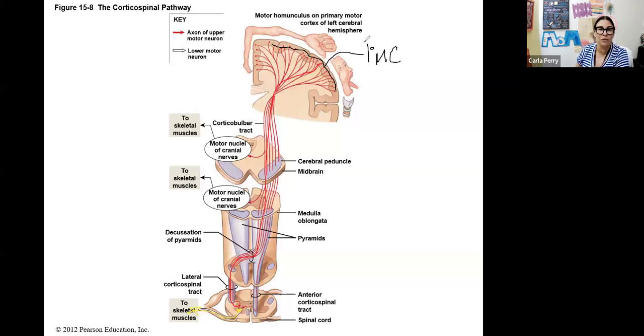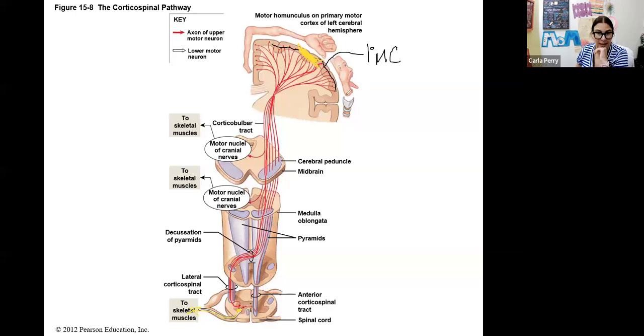Now, if you were going to be moving your hand, right? Let's say you're writing or you're typing. If you're writing or typing, the primary motor cortex area that becomes active would be this area here. It would be the hand area. So your upper motor neurons would be firing from this area of the cortex if you're using your hand.